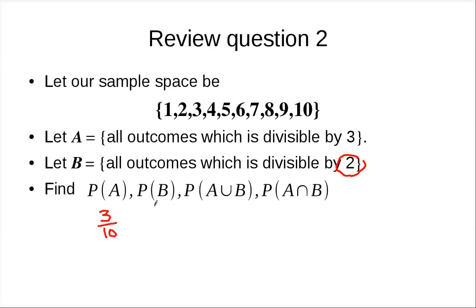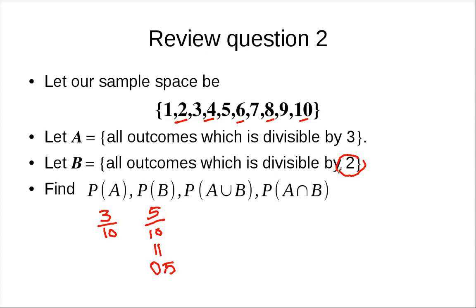What is P(B)? So again, you count the number of outcomes which are divisible by 2. So this is 1, 2, 3, 4, 5. So this is 5 out of 10, and that's 0.5.